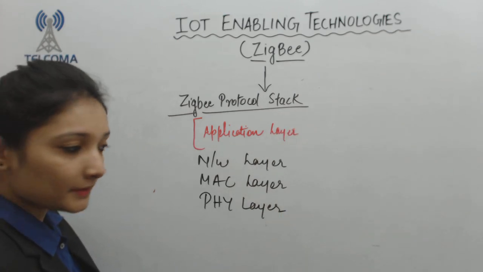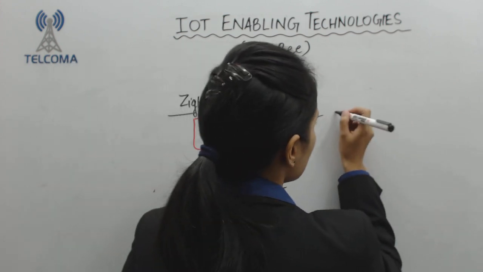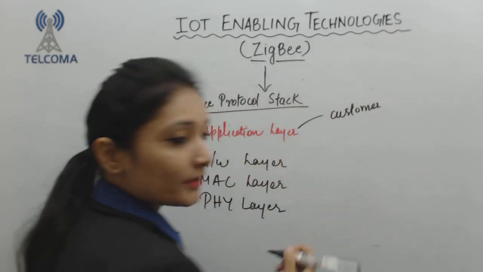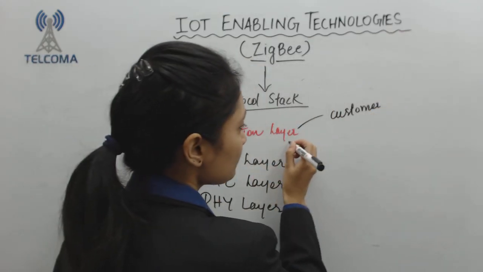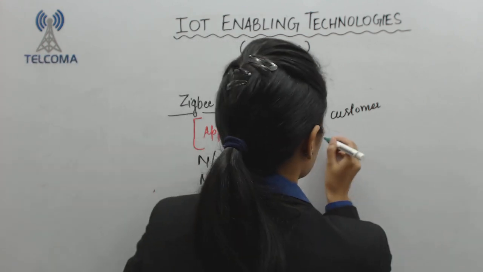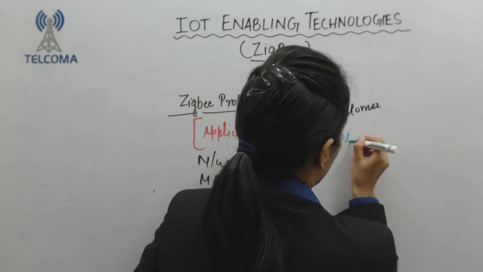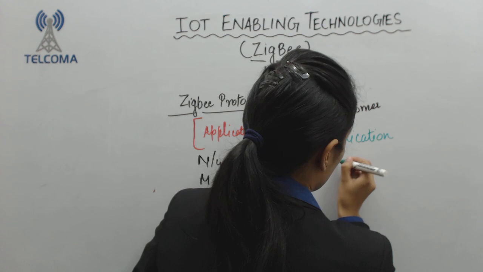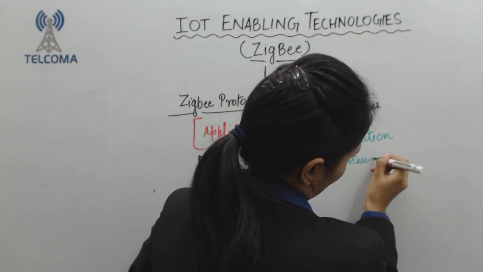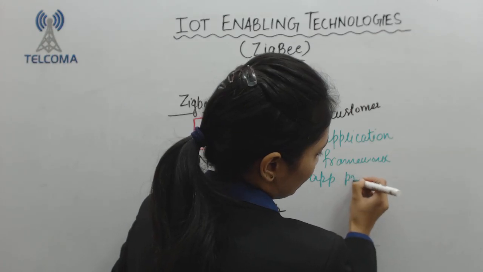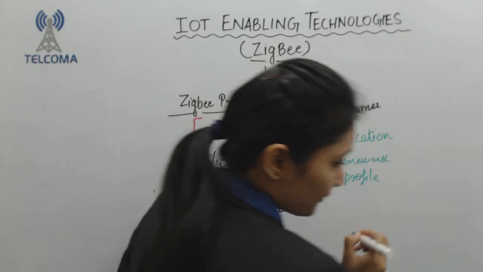The application layer is also your customer or consumer applications. This application layer consists of your application framework and your application profiles.